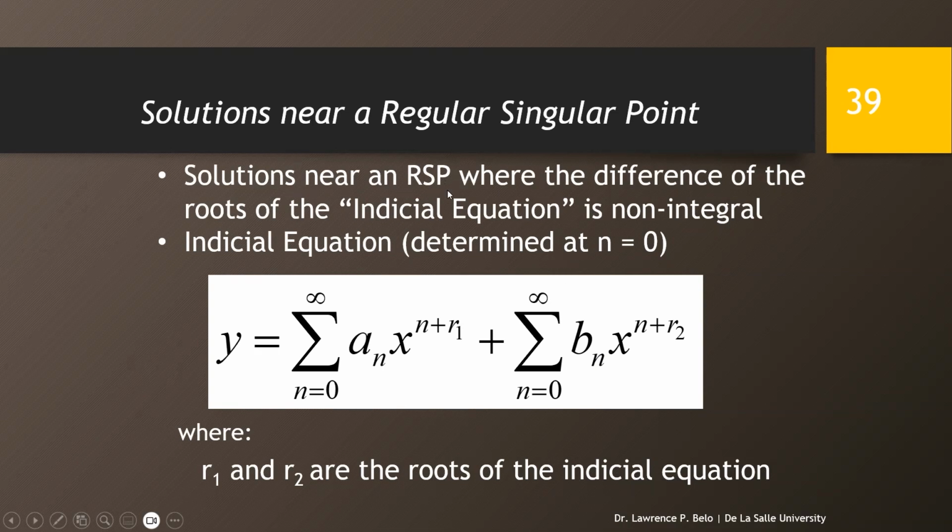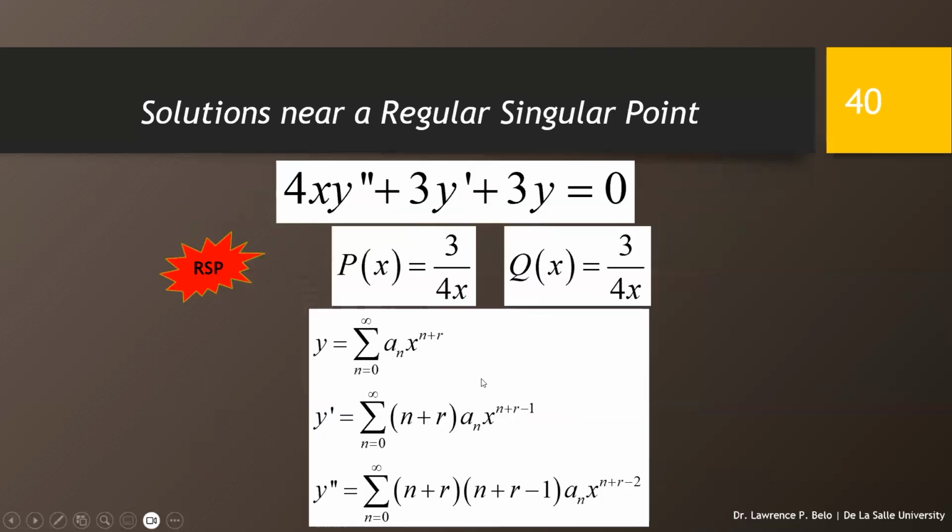Solutions near a regular singular point, or near an RSP, where the difference of the roots of the indicial equation is non-integral. The indicial equation can be determined when n equals 0. Those r1 and r2 that you see are what you call the roots of the indicial equation. So what's that?